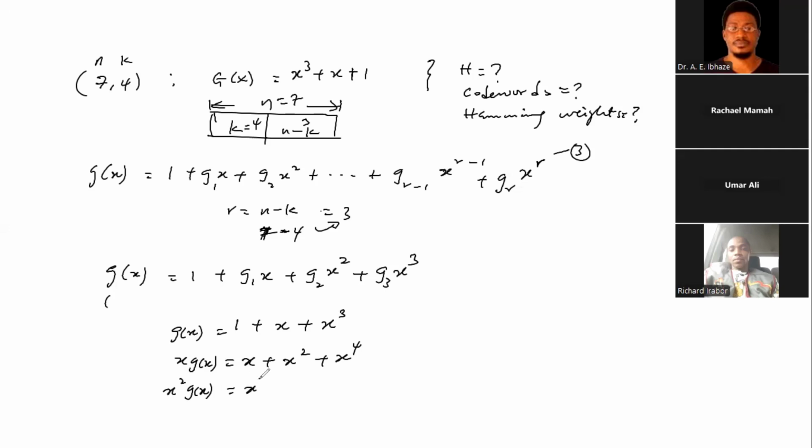That will be x squared plus x cubed plus x to the power 5. Then what will be our x cubed g of x? That will be x to the power 3 plus x to the power 4 plus x to the power 6, right?